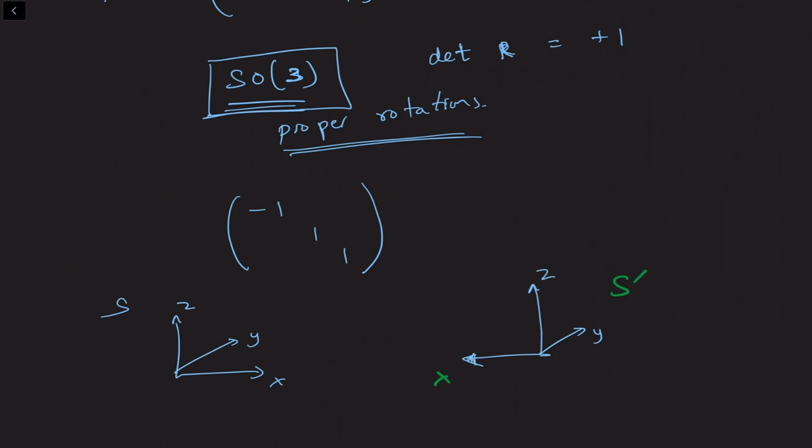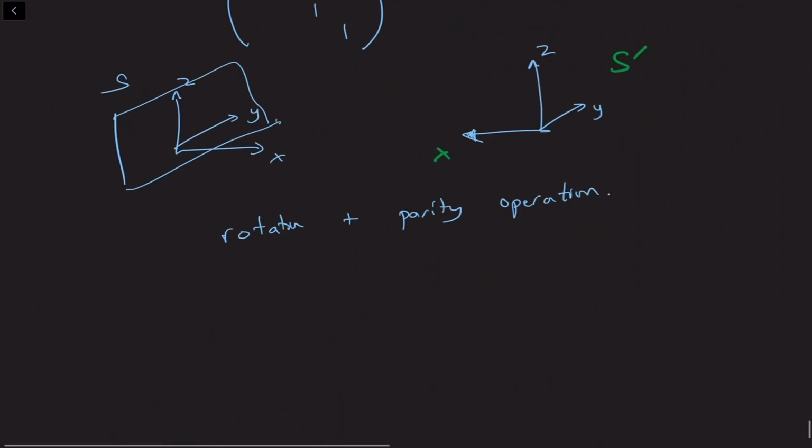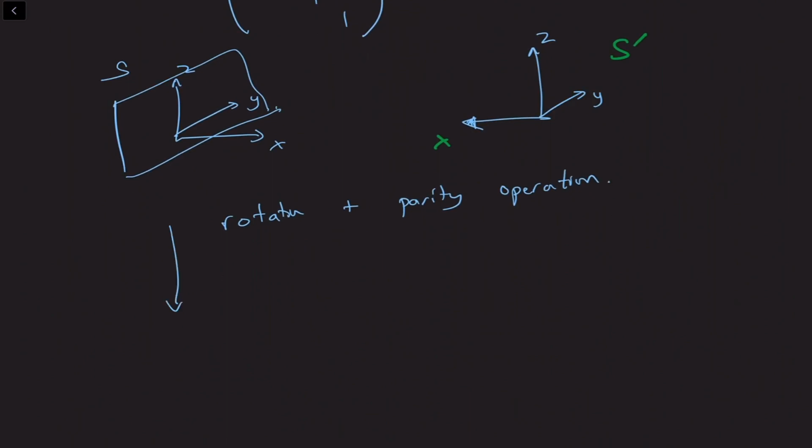So this is like looking at a mirror in the yz plane, and then you flip your axes about this mirror. Such an operation can be generated by a combination of a rotation plus the parity operation. Imagine first that you do a parity operation, which brings you to x, y, z, and you follow this by a rotation about the x-axis by 180 degrees.